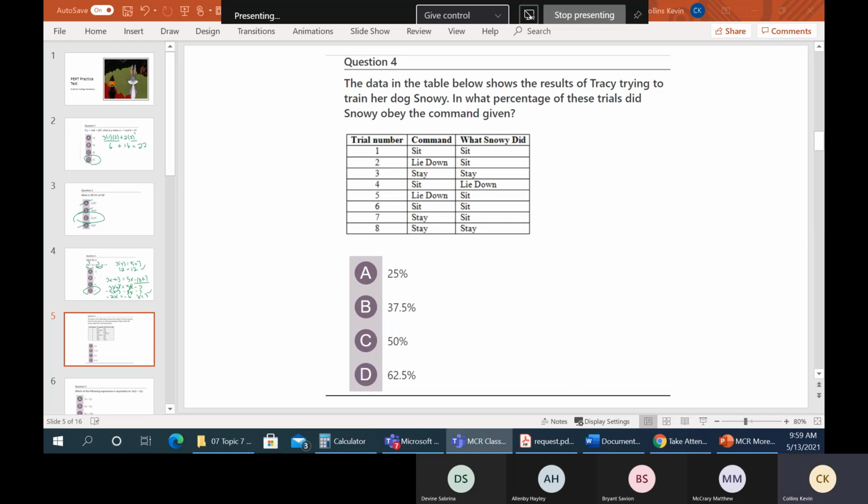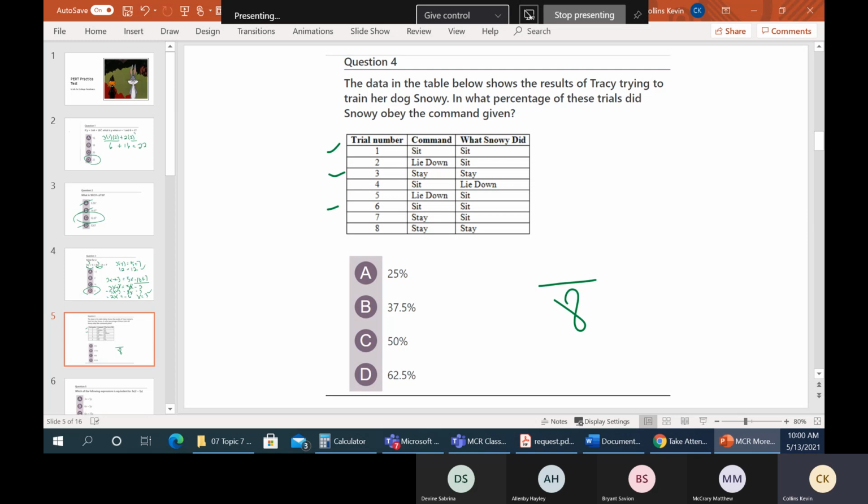Okay, so we got some votes coming in for C. So the percentage where he obeyed, basically what we're looking for is we have 8 trials, right? So 8 would be the bottom of the fraction. Then we look for the ones where things match up. So the first one was good. Then the third one was good.